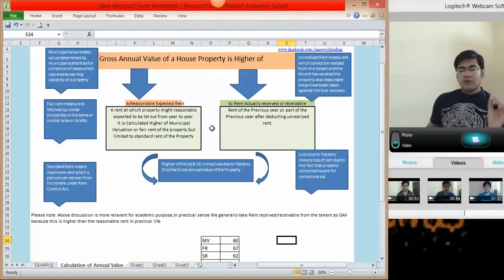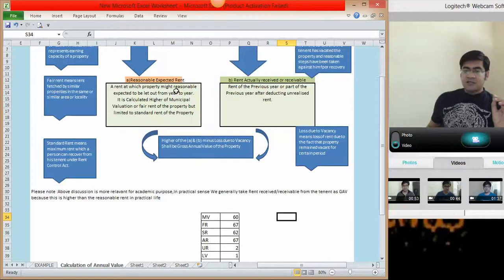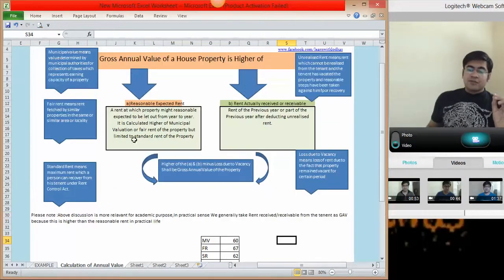So we first compare RR, reasonable expected rent, and AR, the rent actually received or receivable. For calculating RR, one has to compare municipal valuation, MV, and fair rent, FR, whichever is higher. Then it should be limited to SR, the standard rent. Then the first figure will arrive.